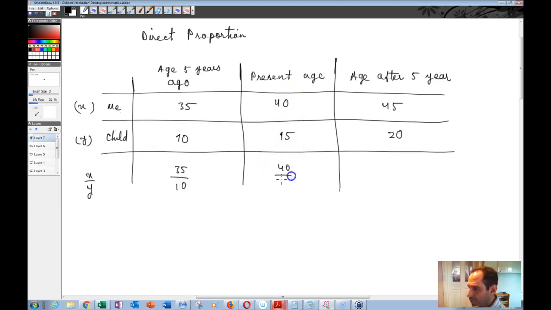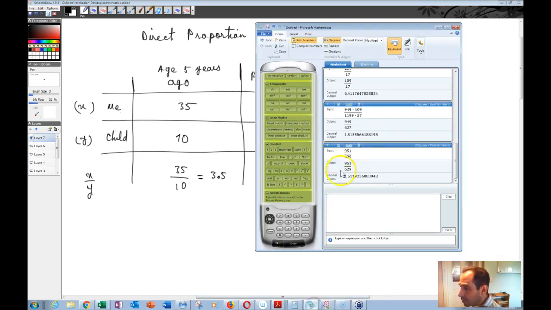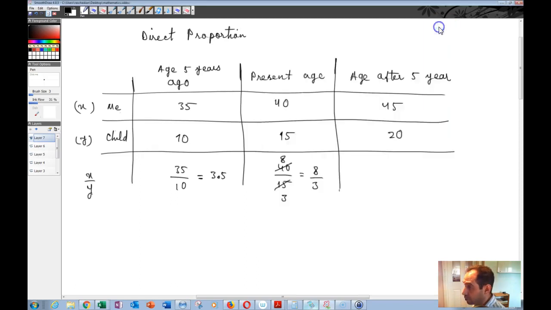Here you have 40 to 15; divide by 5, you get 8 and 3, so 8/3, which is about 2.7.